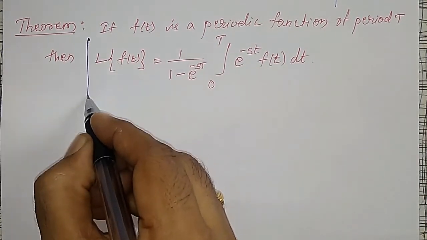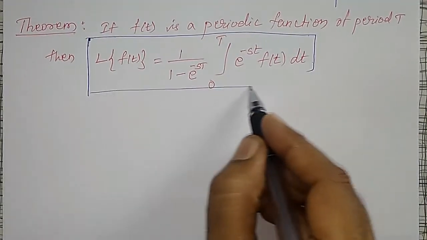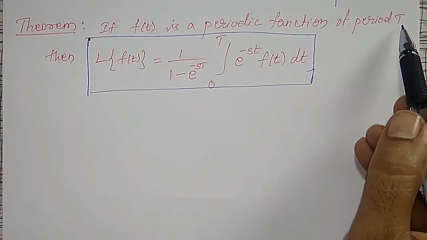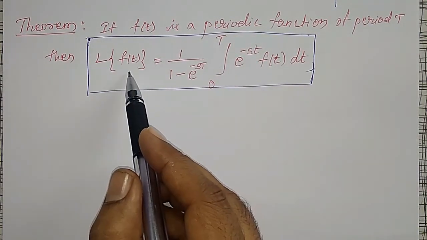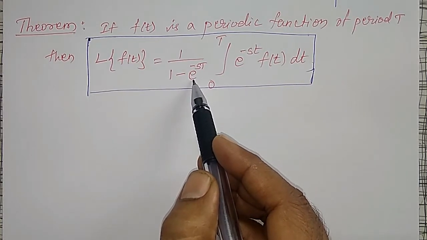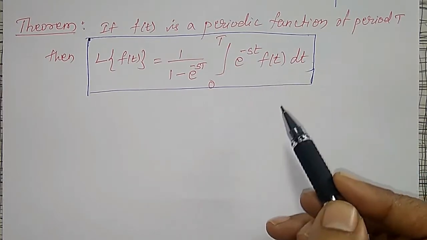This derivation I am skipping here, you just have to remember the formula. If f of t is a periodic function of period T, then its Laplace transform is given by 1 divided by 1 minus e raised to minus sT into the integration between 0 to T of e raised to minus st f of t dt.